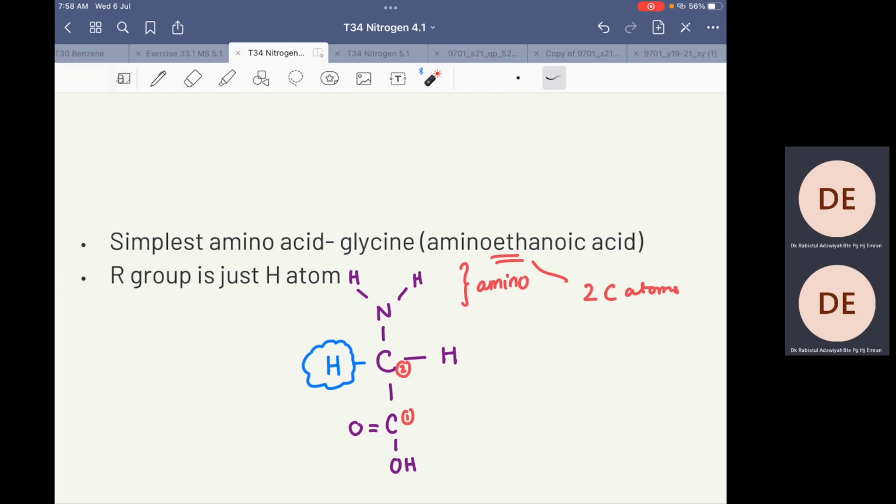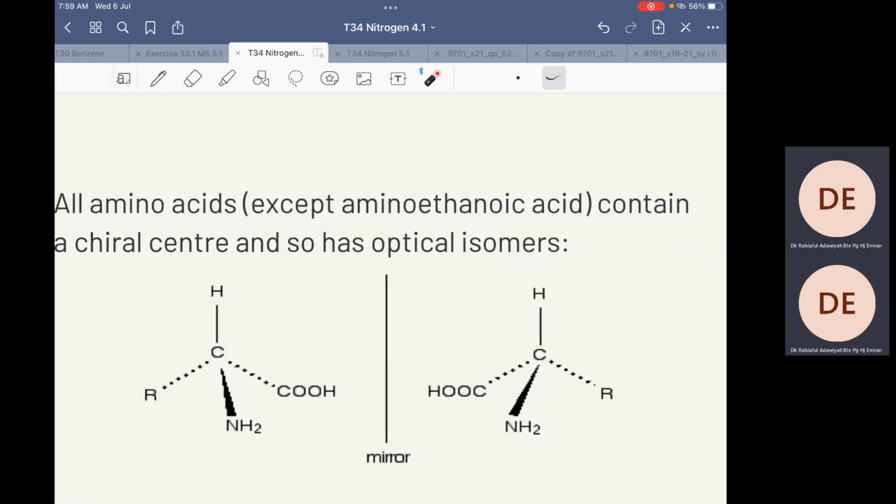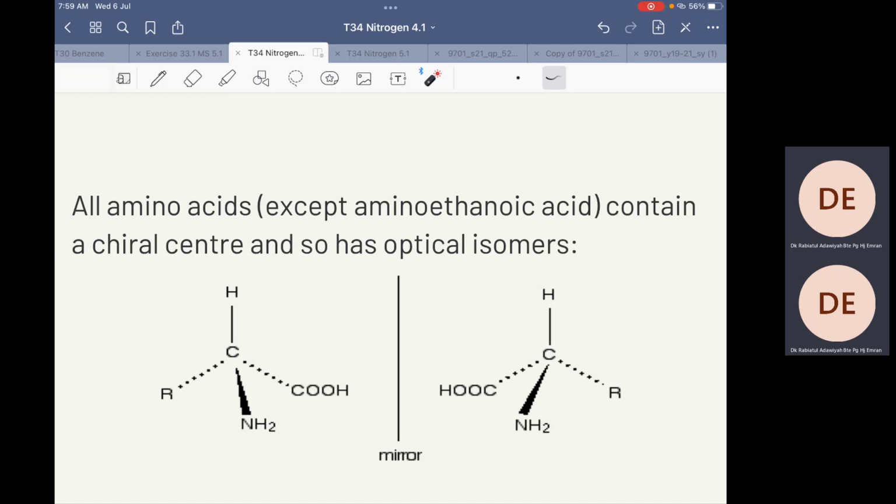If your R group is other than hydrogen, that makes your carbon center a chiral center. In this case, this is not a chiral center, okay? If there is a chiral center in the molecule, then of course you will have optical isomers, and you should be able to draw the optical isomers as mirror images of each other.